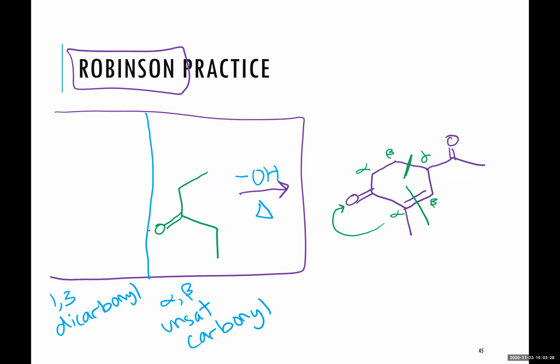Professor, what was the left side again? That's my alpha beta unsaturated carbonyl. Okay, thank you. I'm going to do the other side in another color. So we break those two bonds.